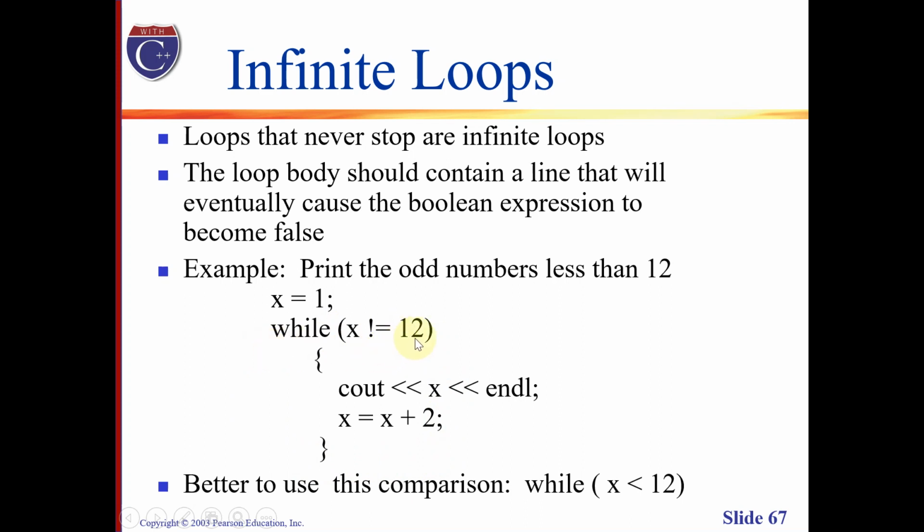As you can see, we will keep on adding 2 to the value of x, and it will always be not equal to 12. So therefore, this Boolean expression will always give us a value of true. Therefore, this loop will never end. Actually, what's wrong with this loop is that we did not use the right Boolean expression. Instead of x is not equal to 12, we should have used x is less than 12.